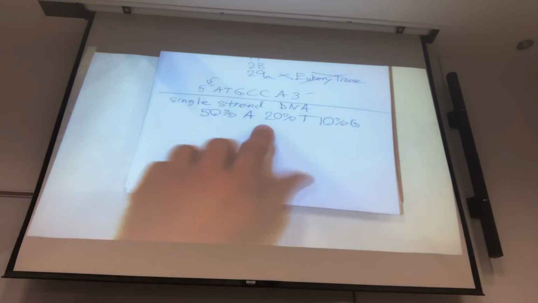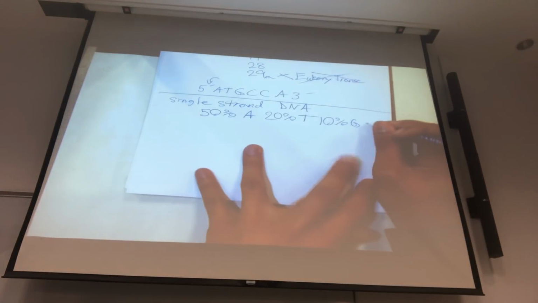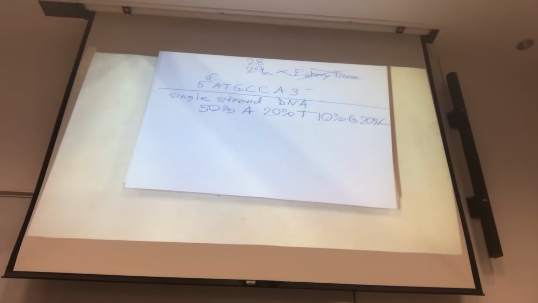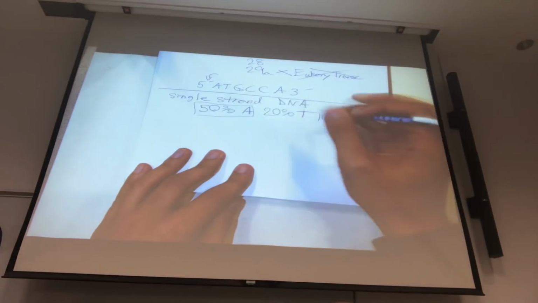How much do I have left? 5, 6, 7, 8. Oh, that's okay. 20% C's. Okay, you will be given the information of how much of any of these bases you'll see in a particular single-stranded piece of DNA.